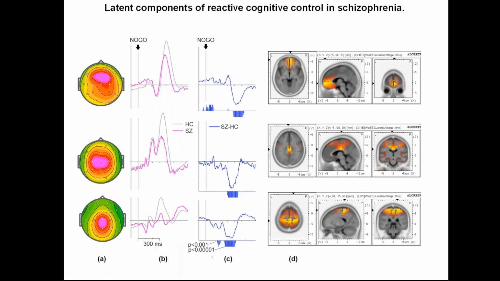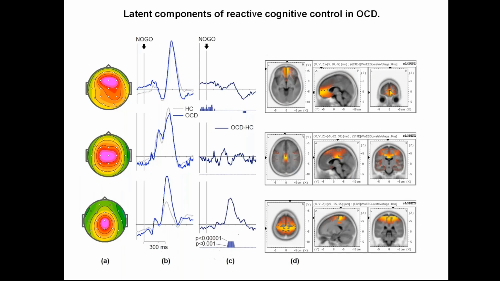These are reactive components of cognitive control. Again, I'm not going to tell you details, but you can see that pink lines are below the gray lines. So in this case, there is a decrease of the component of cognitive control in subjects with schizophrenia.